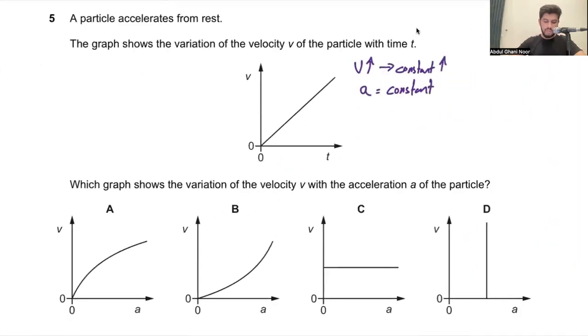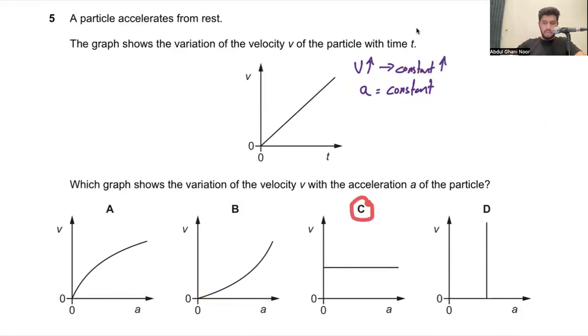The question says which graph shows the variation of the velocity v with the acceleration a of the particle. So let's have a look at option A. If you look at option A, what you'll notice is that the acceleration is increasing, even though we clearly know that the acceleration is constant. So A cannot be the answer. If you look at option B, the acceleration once again is increasing, which is not the option.